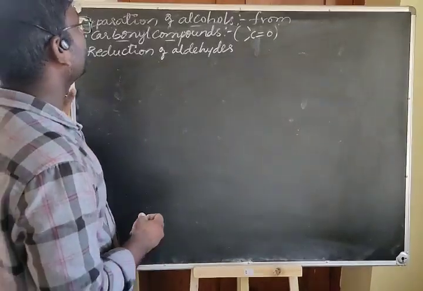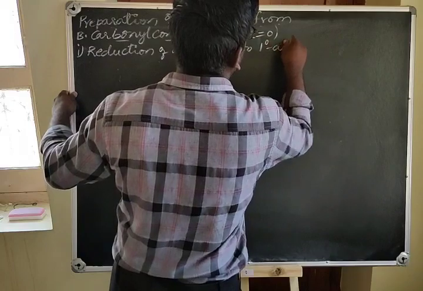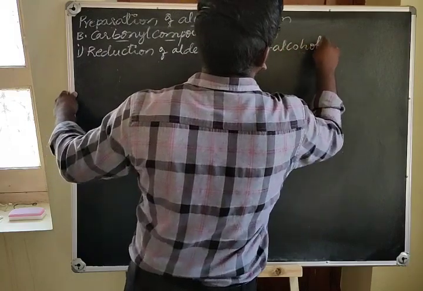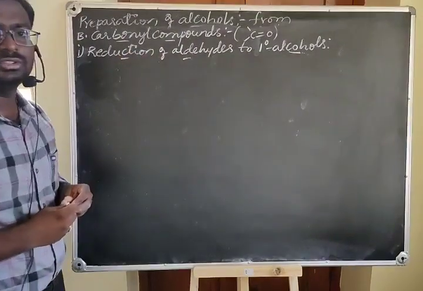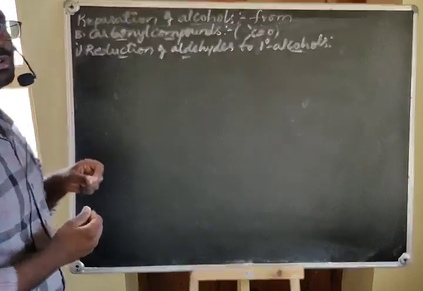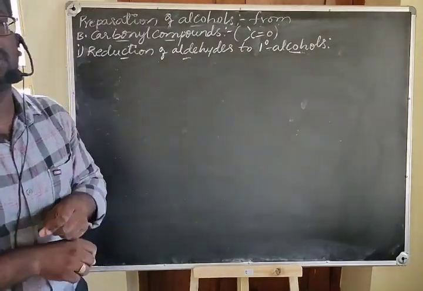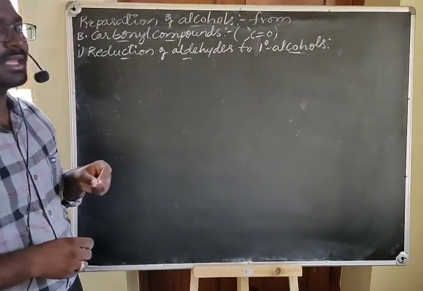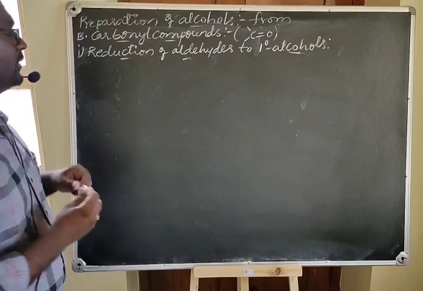Here we can use the catalytic hydrogenation method, that is using hydrogen gas in the presence of nickel, platinum, or palladium as catalyst. Let us see the general reaction for this.